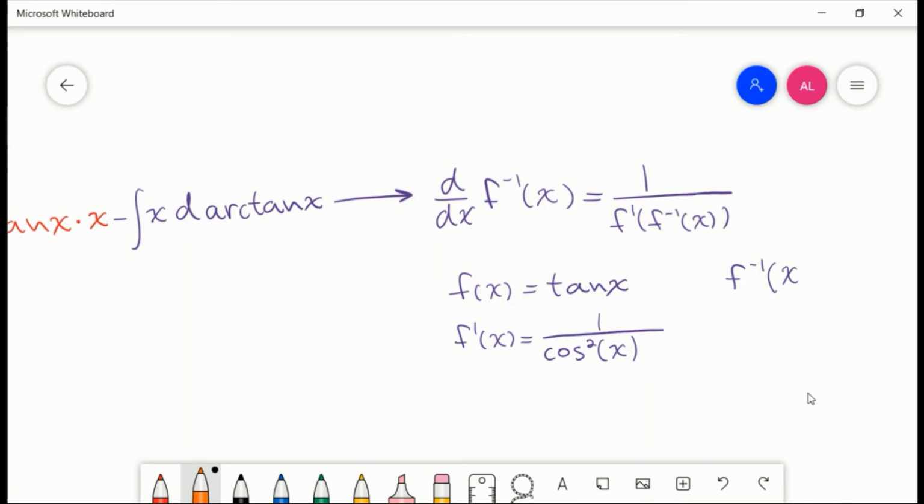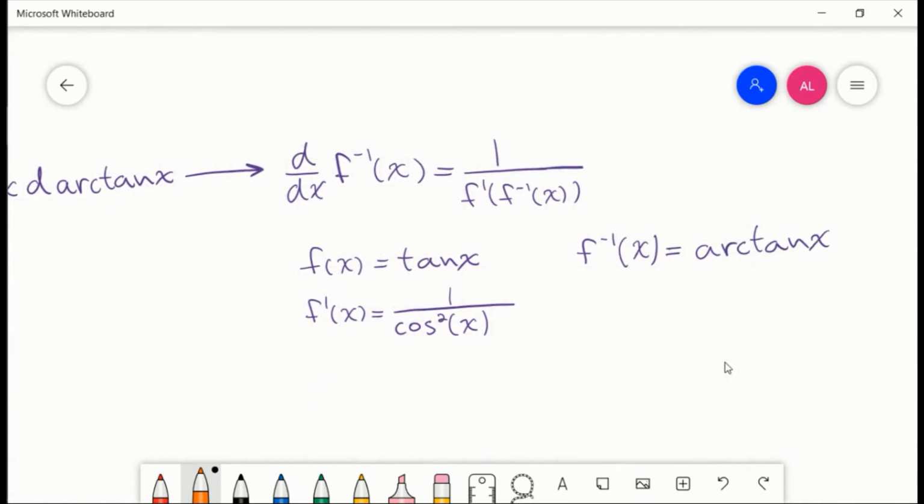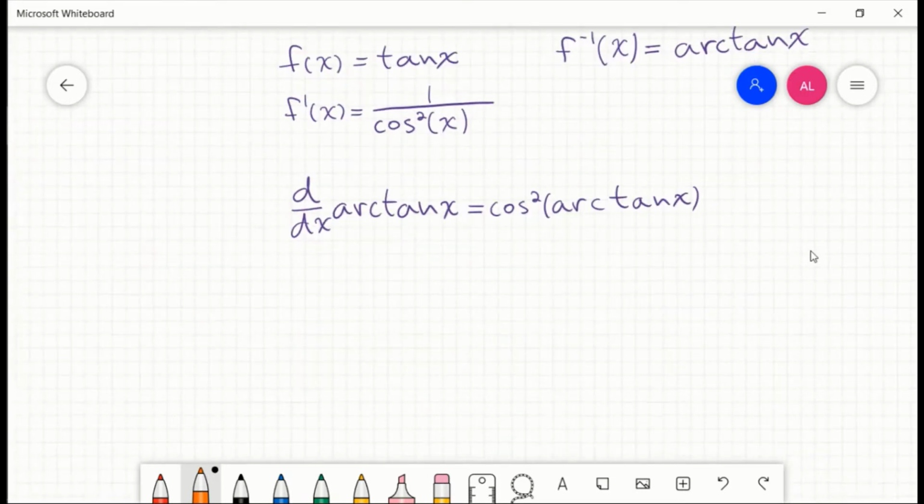And then the inverse of f is the arctangent here. So now the derivative of the arctangent of x, well, that's equal to 1 over cosine squared of arctangent of x, which is just cosine squared of arctangent of x in the denominator.